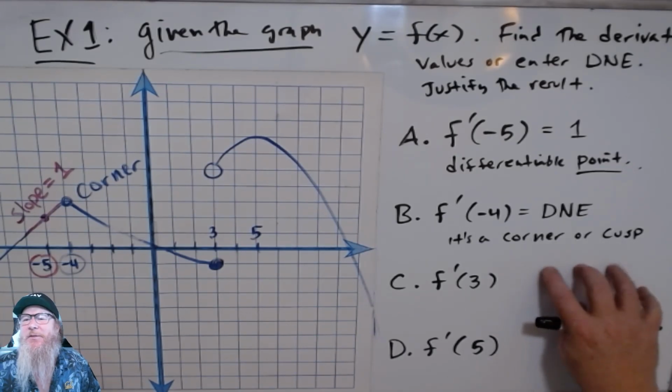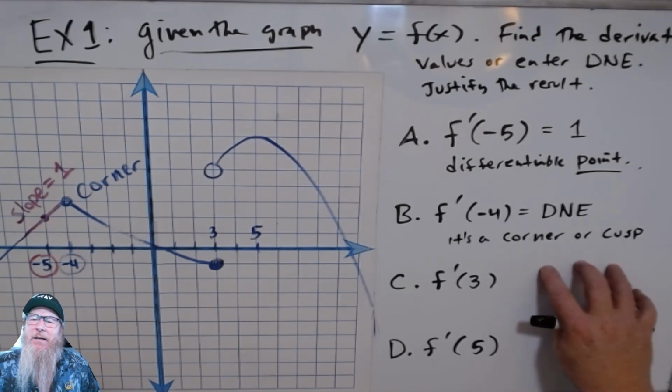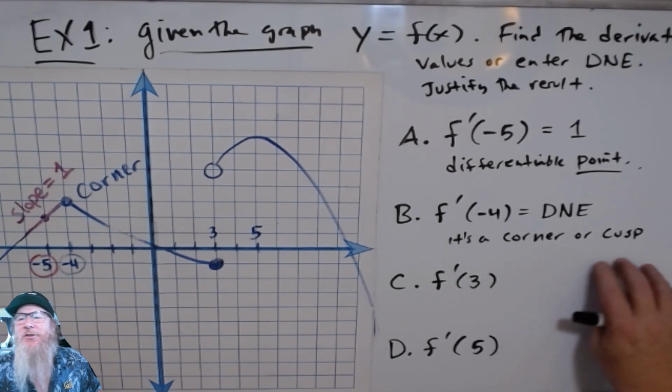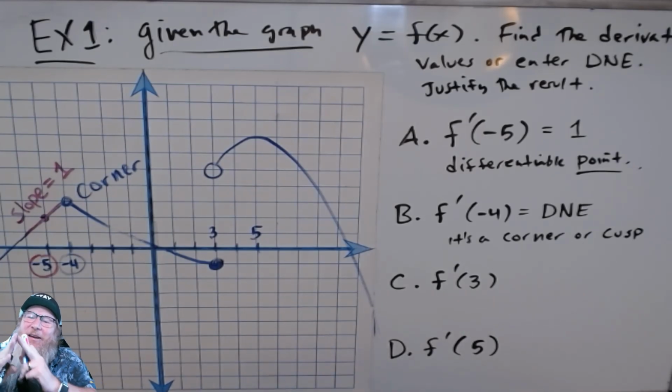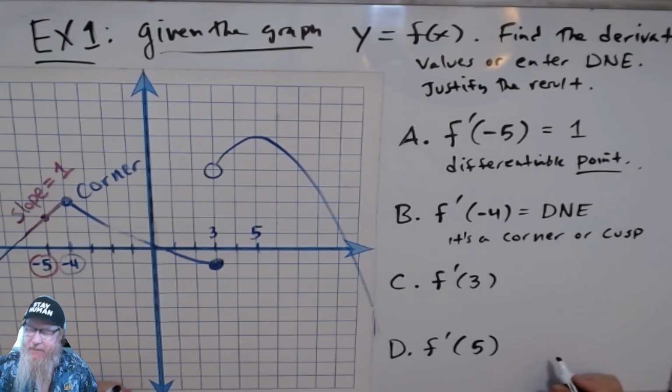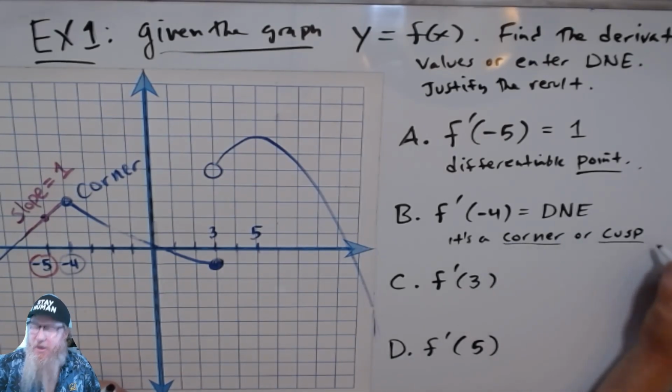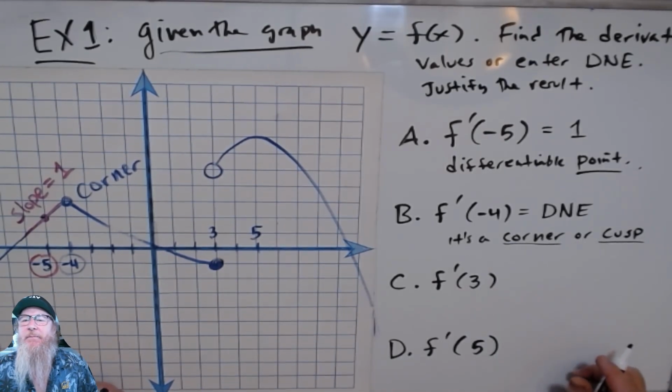So we always put those in the same category. Usually when you say cusp, you mean it's a little bit sharper. A corner can be very dull and still be a corner. But a cusp has got a very, very pronounced point to it. So we'll just say it's corner or cusp. I always put those in the same category.